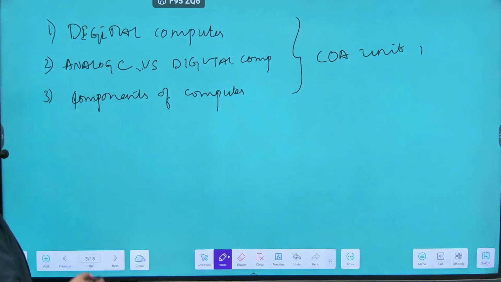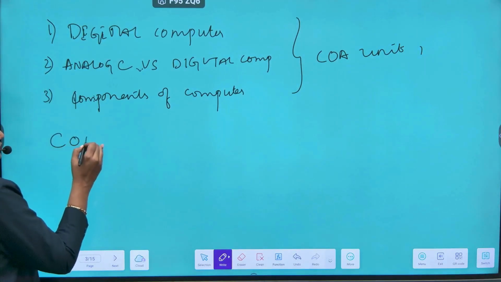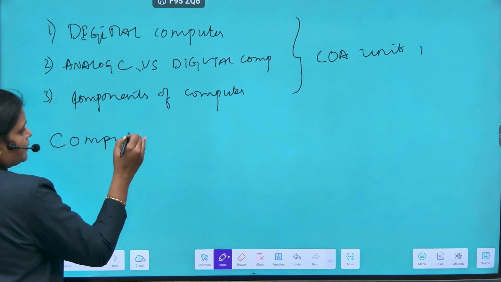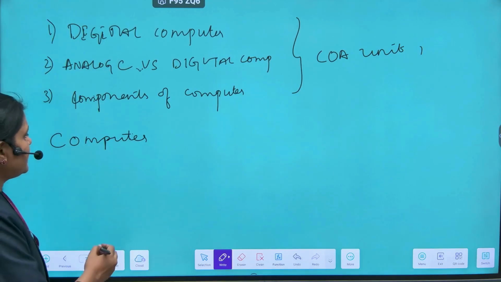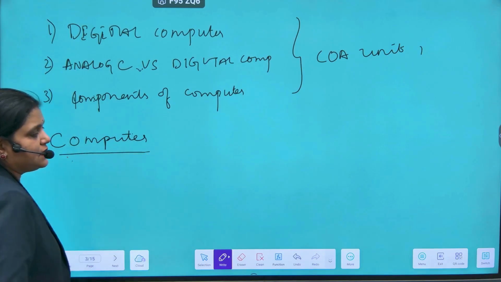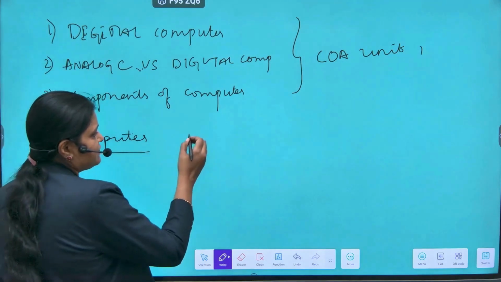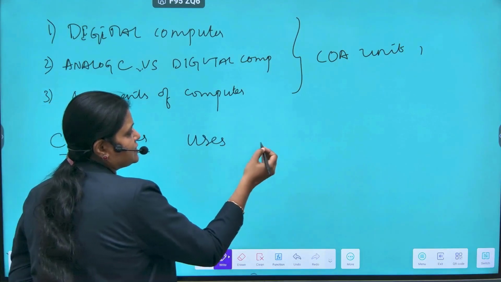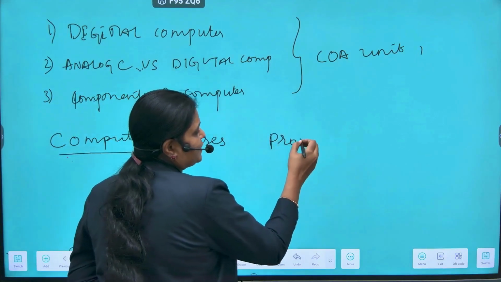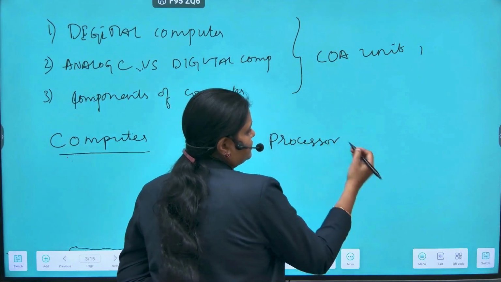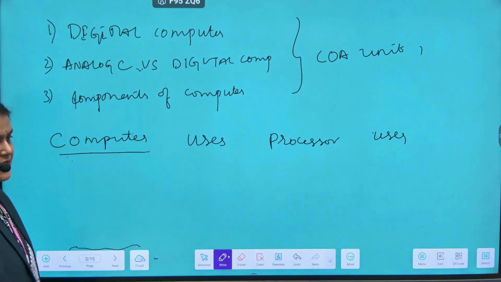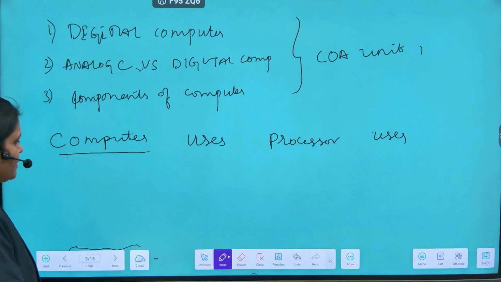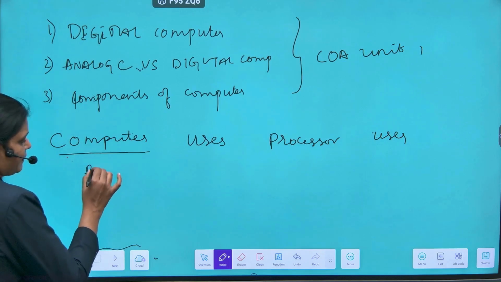So first of all, what is a computer? Computer is nothing but an electronic device which performs operations. The user gives the input, the computer processes it and gives the output back to the user. Whatever inputs we give to the computer are in the form of a program.